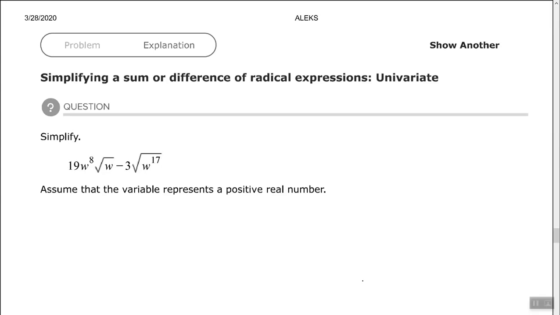In the first one, we have 19w to the 8th times the square root of w. That cannot be simplified any, but we have minus 3 times w to the 17th, which can be simplified some. We just have to rewrite that w to the 17th so it can be divided by the root of 2.